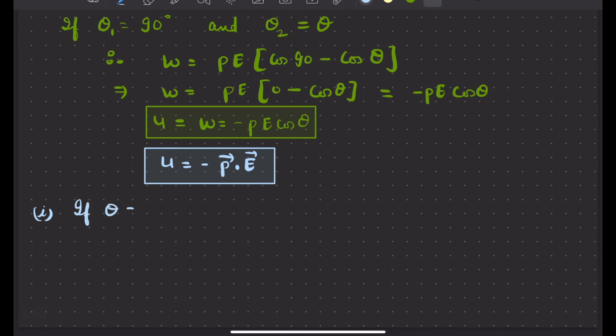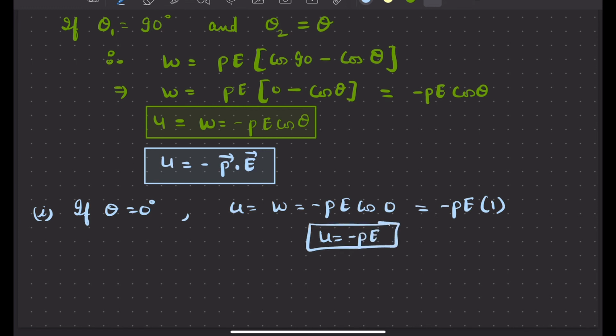Then U is equal to W is equal to minus PE cos 0, which is minus PE, because cos 0 is 1. Therefore the potential energy in this case is U is equal to minus PE, and this potential energy is minimum, hence we can say the dipole is in stable equilibrium.